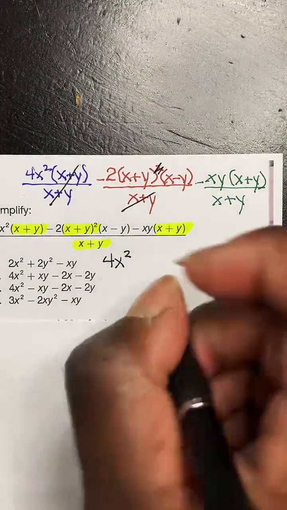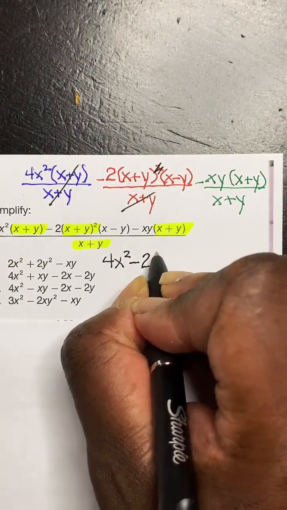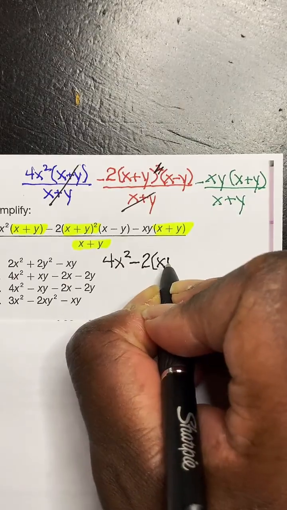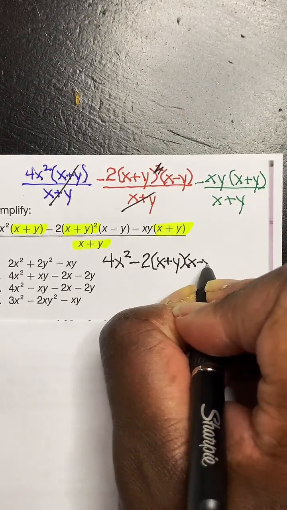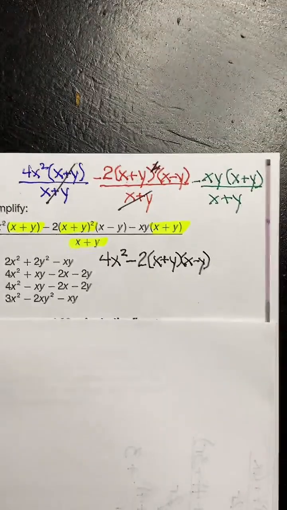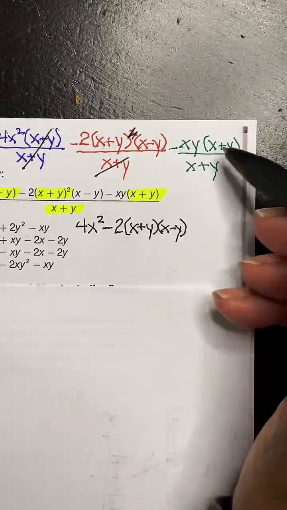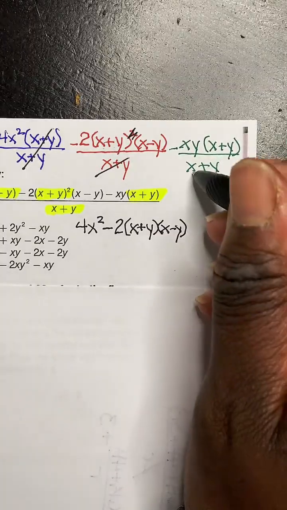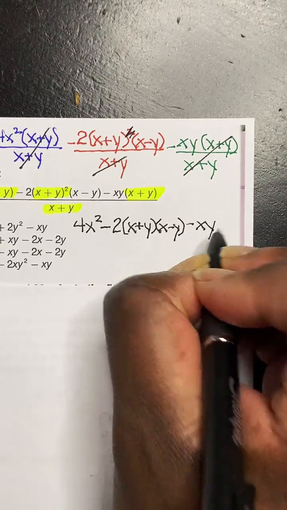So that's what's going to be left, which is minus 2 times x plus y times x minus y. Then lastly, x plus y, they can cancel out. And I bring down my minus xy.